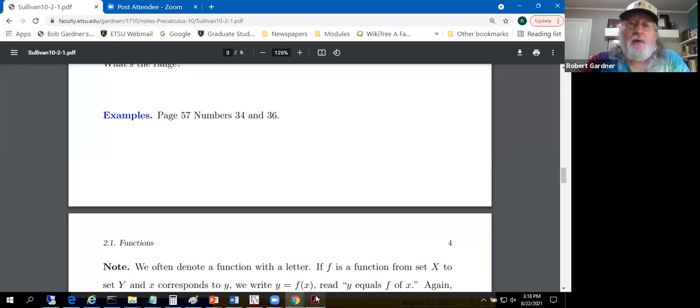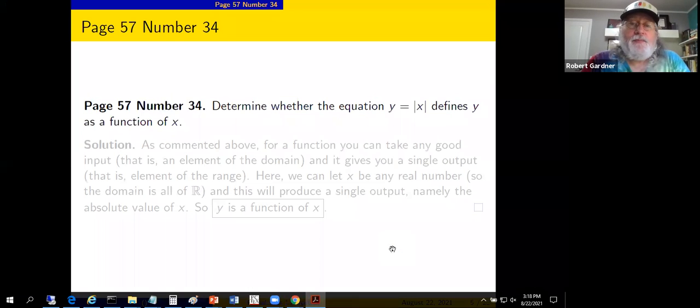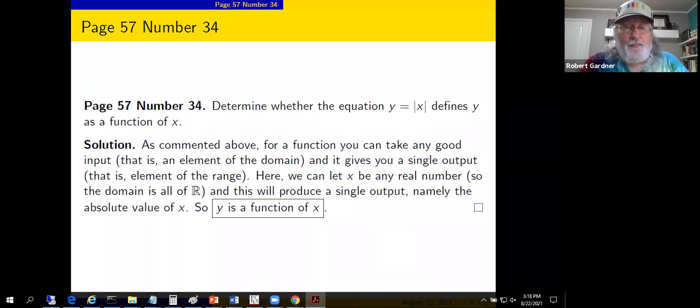A couple more. Number 34. Determine whether the equation y equals the absolute value of x defines y as a function of x. Okay, well, a function takes a good input, that is something in the domain, and gives you a single output. Does this do that? And by the way, what is the good input?